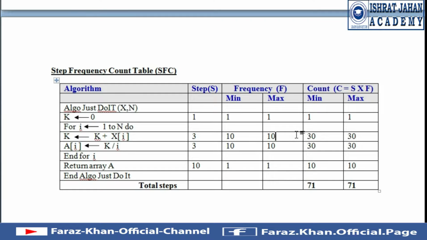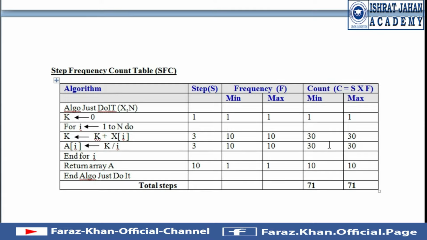right? 30 and 30. Now k, here is step number 1, step number 2, step number 3. I will use k into I as a variable, one identifier. So 1, 2, 3, 3 steps, 3 multiplied by 10, 3 multiplied by 10.